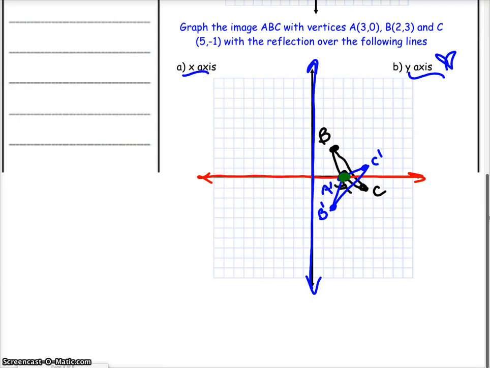So A prime is going to be 3 away. How far away is B? 2. B double prime, oopsies, is going to be 2 away. And C is 1, 2, 3, 4, 5. 1, 2, 3, 4, C double prime. And that is my reflected image across the Y.